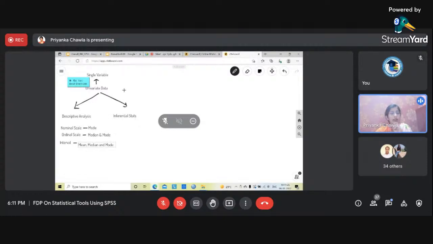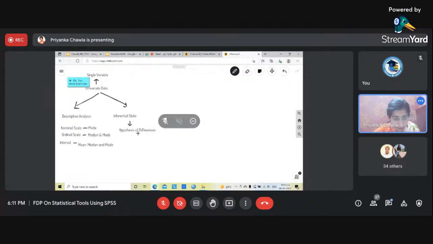So since we are dealing with single variable, here we form only hypothesis of differences. Okay.